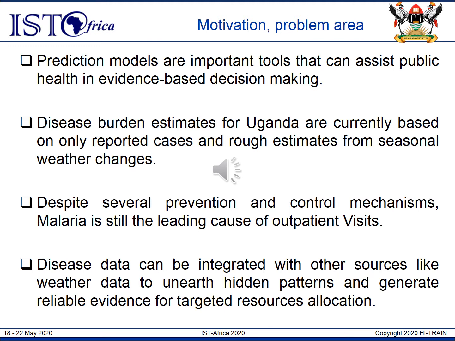Even for treatment drugs, you find some are left to expire because they did not get the number of cases that was expected. Yet if we had relied on our weather data, we could be able to allocate these resources more evenly and more justly than it is right now.